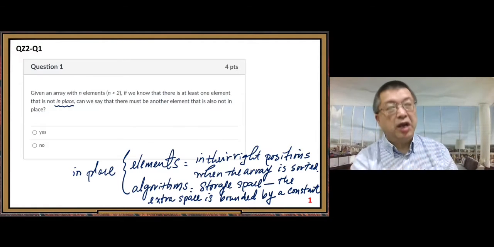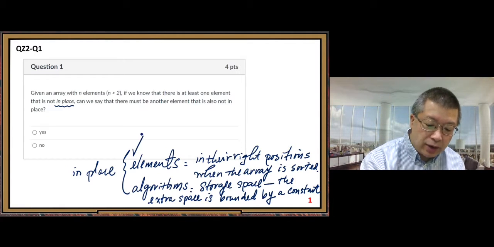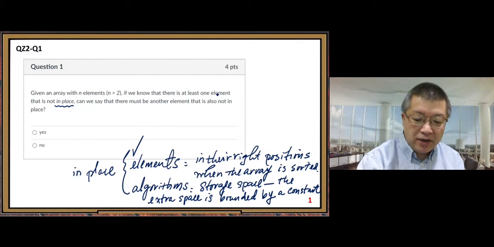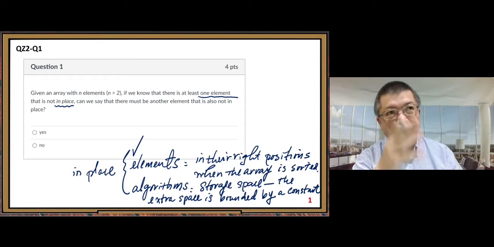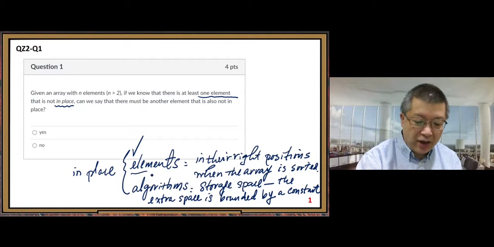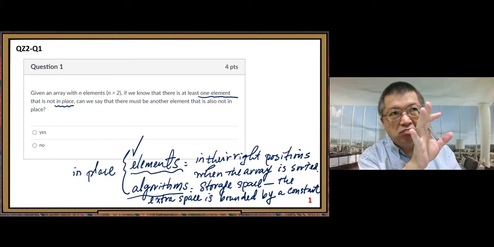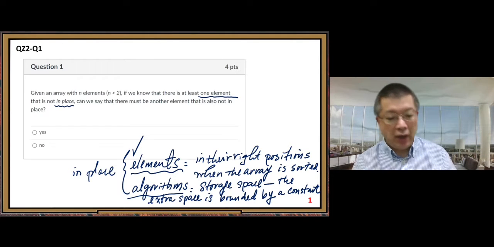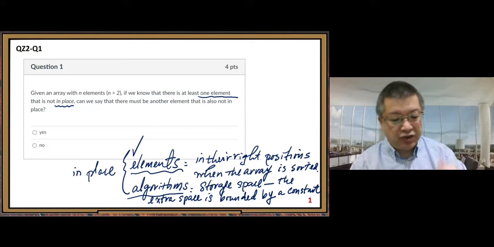That's the second meaning. But here, definitely, we are talking about the first meaning, in place elements. You can see one element that is not in place, so you can separate these 2 different meanings easily. Look at the main objects that are modified by this phrase. All right, so here we can get to this question.